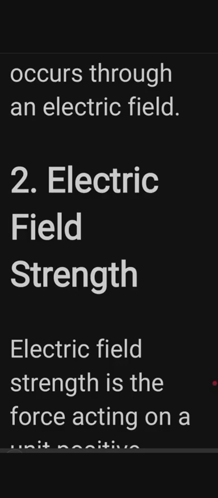So this phenomenon is referred to as the electric field strength. The tendency to attract or repel is stronger close to a charged body, and weaker the further away you take the body.